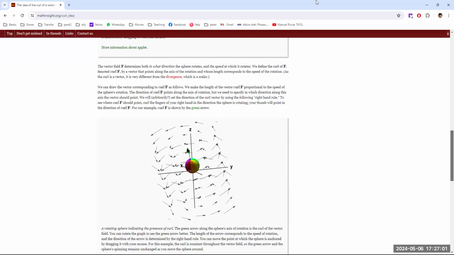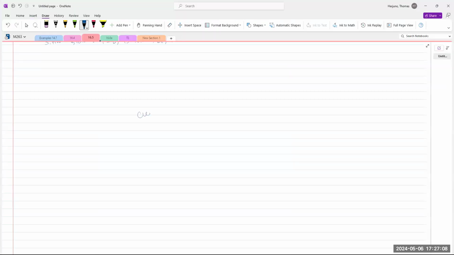So suppose you have a curl of vector field F that is (0, 0, 3). It means, let's say at this point, the curl is (0, 0, 3), and this is the axis of rotation of that sphere. It actually spins this way.